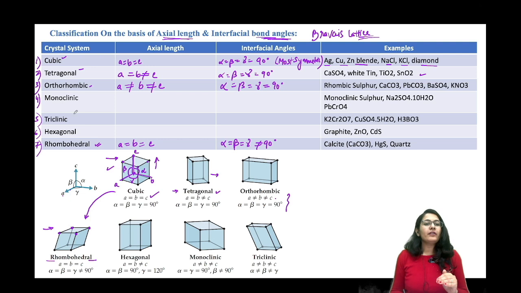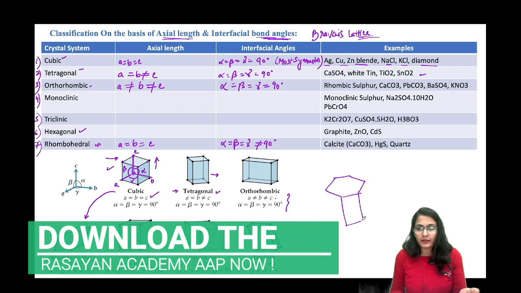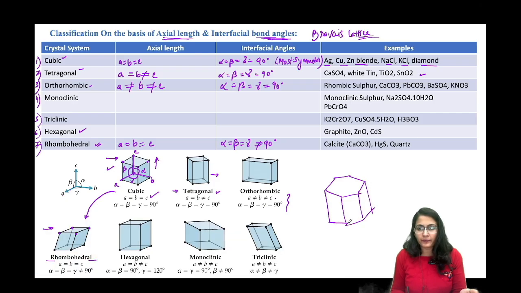Now what? Now we have monoclinic, triclinic and hexagonal. It looks as if it is tetragonal or orthorhombic, but it is not. The hexagonal is not like that. First, draw a hexagon like this. Then just draw the complete structure.